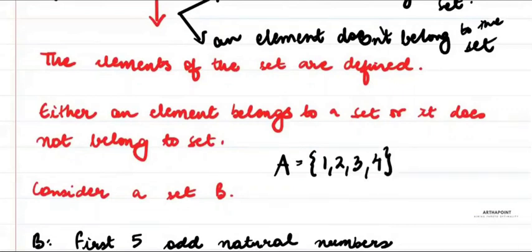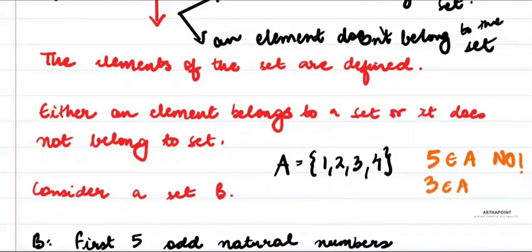Now I ask you a very simple question. Does 5 belong to A? The answer is no. I cannot see 5 here. This is just first four natural numbers. Does 3 belong to A? The answer is yes, it belongs to A. Because I have been able to tell whether an element belongs to the set or not, I am saying that this is well defined.